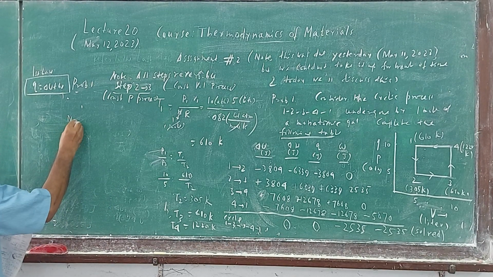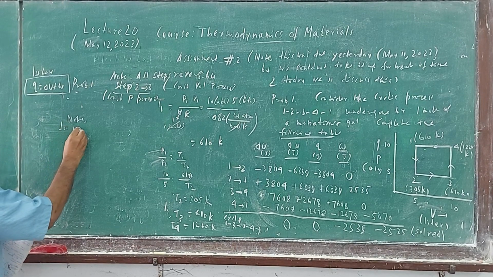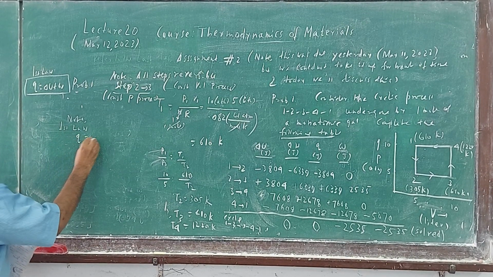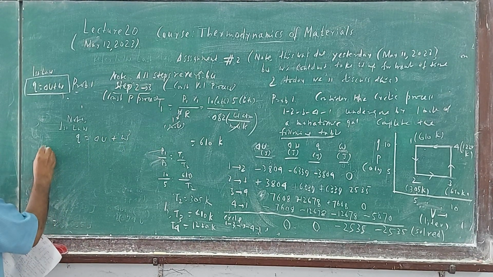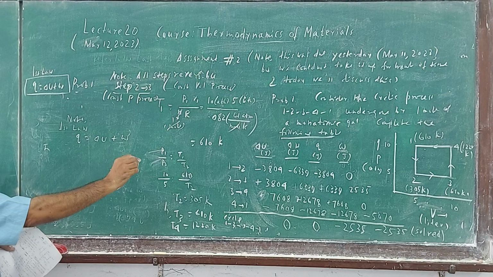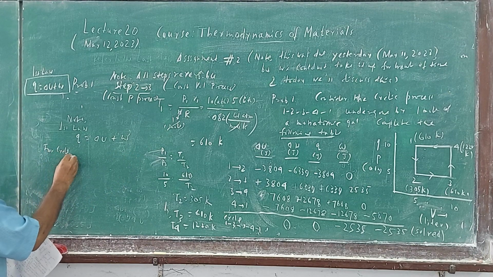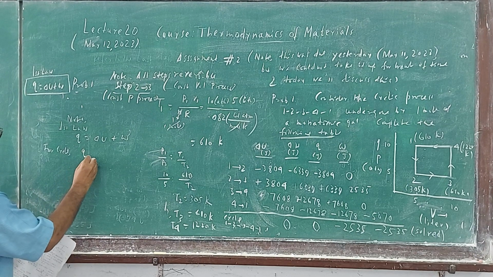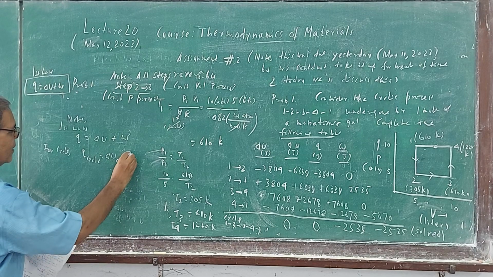But note, first law: Q is delta U plus W. For a cycle, what do you write? Q cycle is delta U cycle plus W cycle.